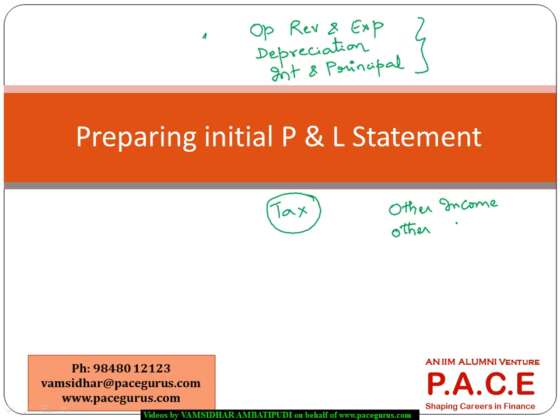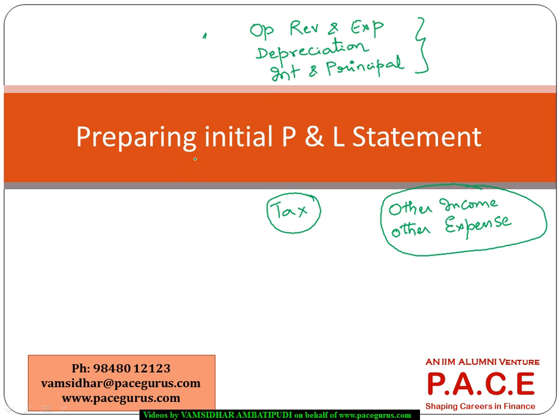I'll try to bring them into our P&L statement, and from where they can actually arise. All these things we are yet to find out as a part of our P&L statement. But at least once we make a base skeleton P&L statement, we'll have all this information to work with. So, taking that as the base input, let's start preparing the initial profit and loss statement.